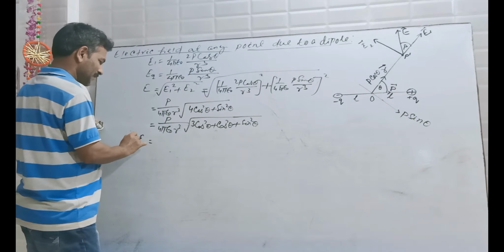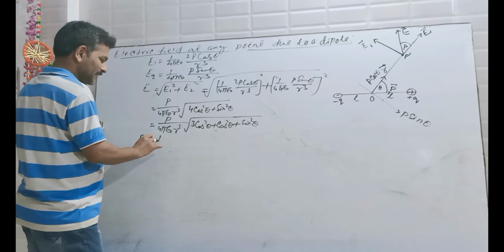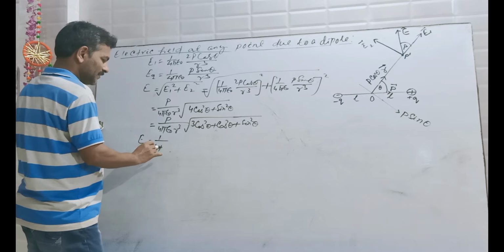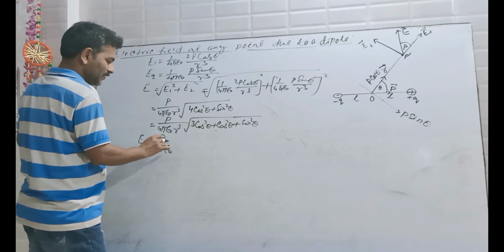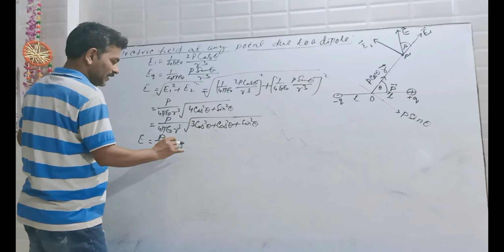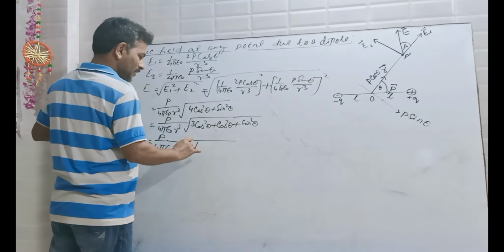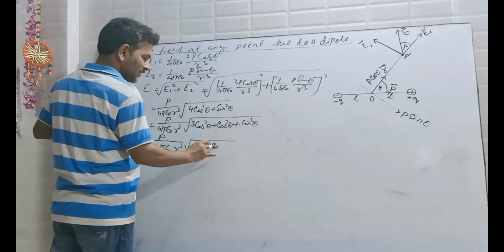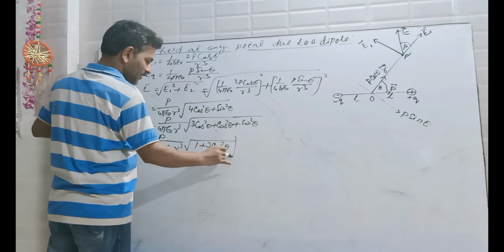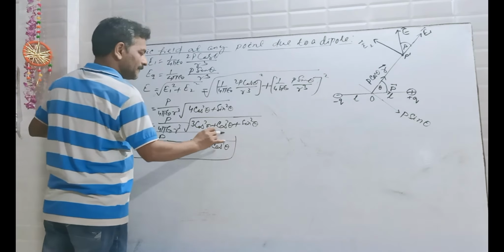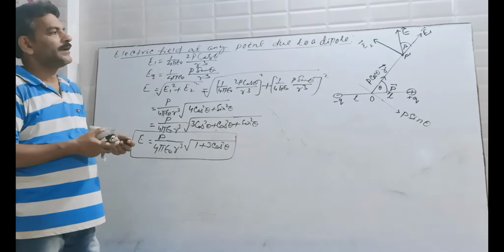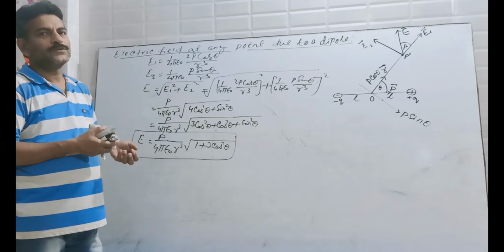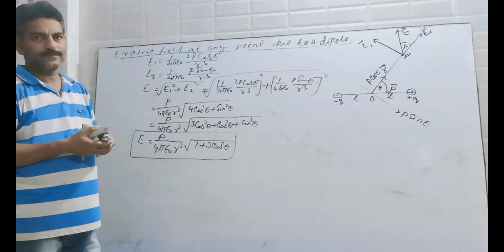So what you are getting, the magnitude of the resultant electric field is P by 4 pi epsilon naught R cube root over 1 plus 3 cos square theta. This is the magnitude of the resultant electric field at any point due to an electric dipole.